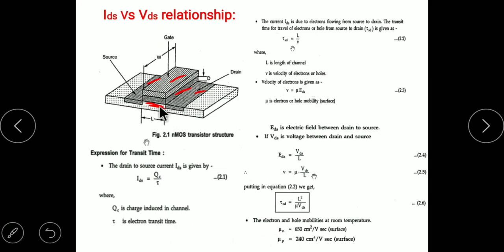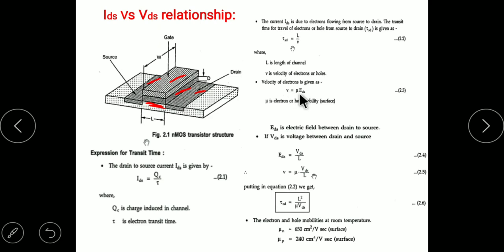These electrons are traveling a distance of capital L with a velocity of v. Then the time is equal to length by velocity. So the transit time tau SD is equal to the channel length divided by v, where v is the velocity of electrons or holes. But we know that the velocity of electrons is given as v is equal to mu into EDS, where EDS is the electric field between drain and source, and mu is the mobility of electrons or holes.